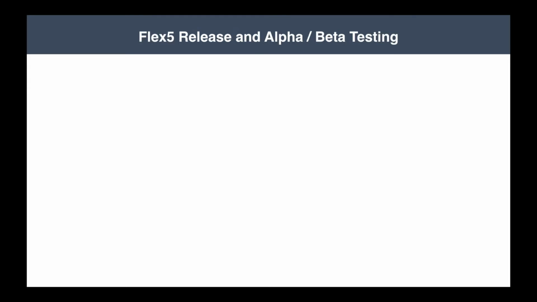Just a quick overview of our release and testing timeline for Flex5 Desktop. First of all, we are currently in alpha testing right now, so we have real live Flex customers that are testing Flex5 Desktop. We put that alpha label on there because it's still very much a work in progress.